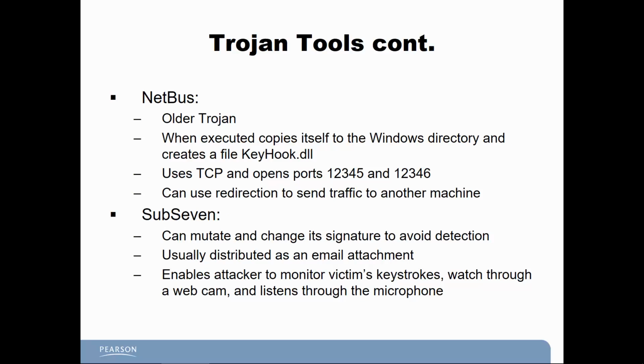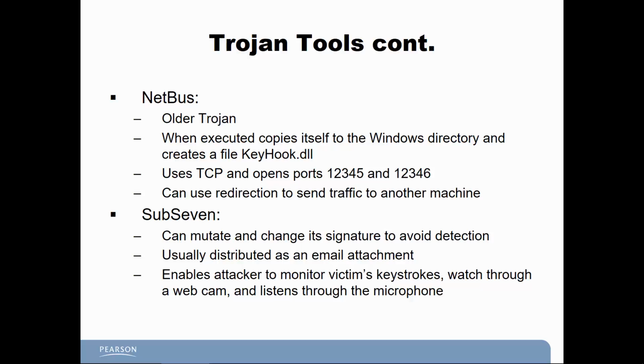Other ones could be like NetBus. It's an older Trojan, but it does create a copy of itself and creates a file called keyhook.dll. It uses ports 1234 and 12346. It is used for redirection to send traffic to another machine.